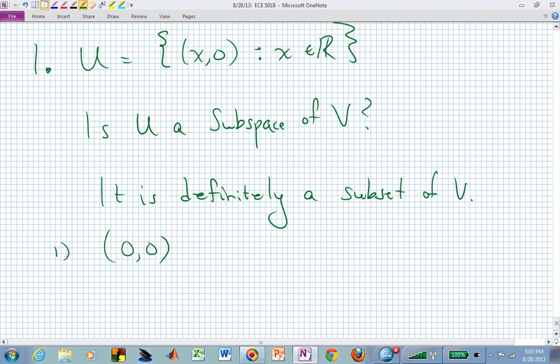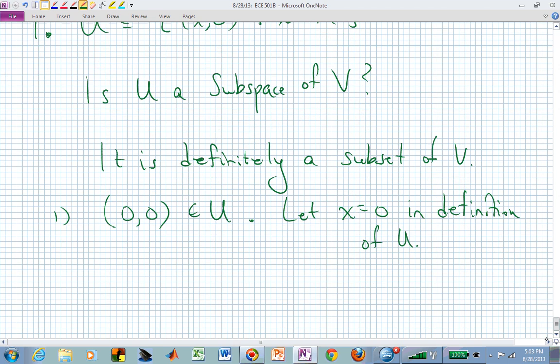So now this is indeed an element of our subset, U. All we did here is we let X equal 0 in our definition of U. And what we now know is that this subset is non-empty.